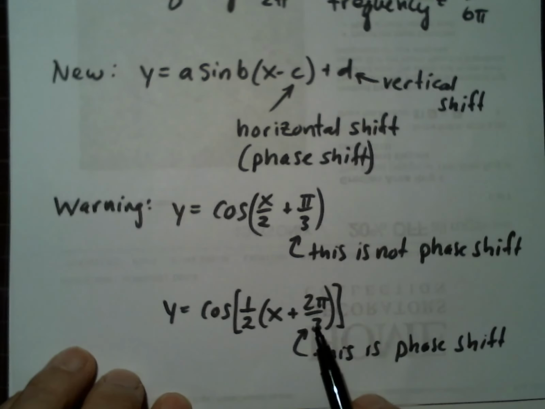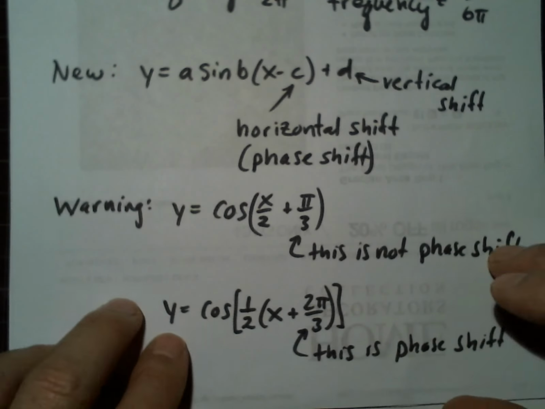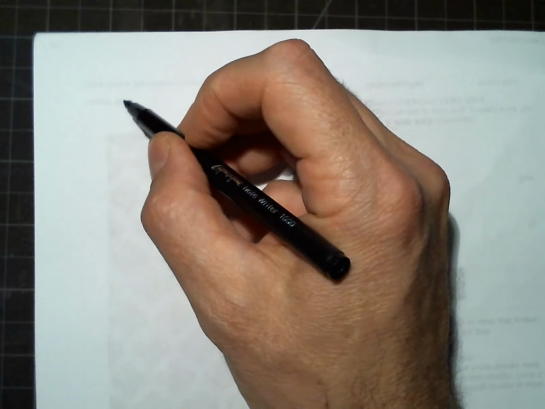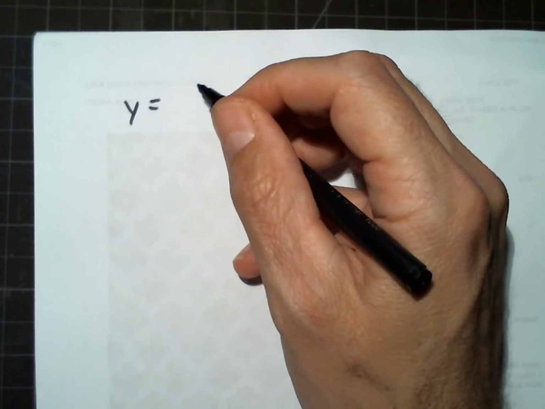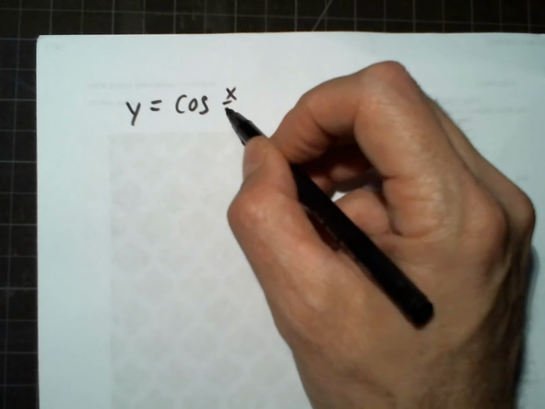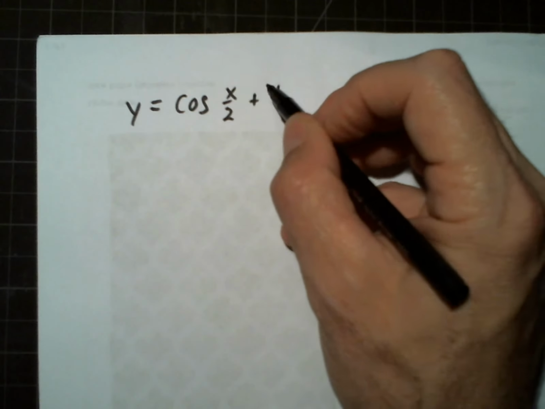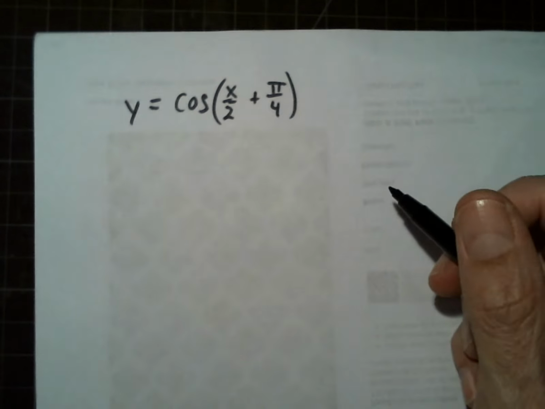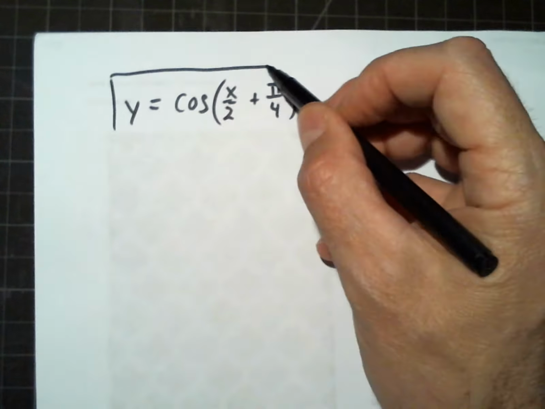And now this is the phase shift, and it's going to go left 2 pi over 3. So let's graph this.